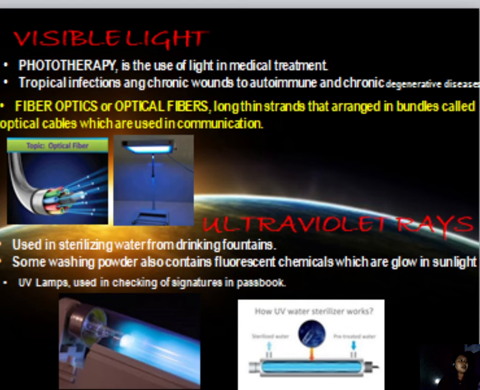At the same time, some washing powders also contain fluorescent chemicals which glow in sunlight, and of course the UV lamps used in checking of signatures in passbooks. Sa mga bangko naman po yan. Kaya malalaman na ikaw yung may-ari nun kasi parehas yung pirma dun sa dala-dala mo.